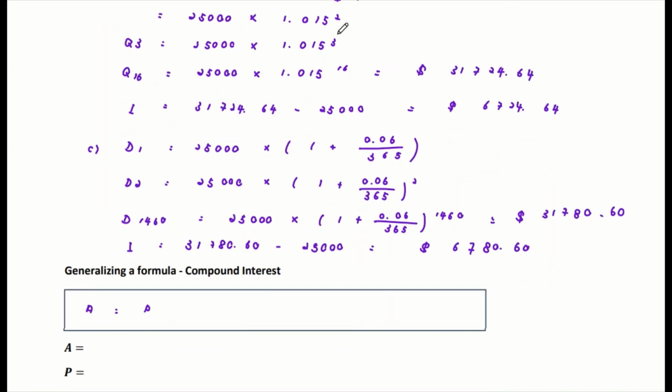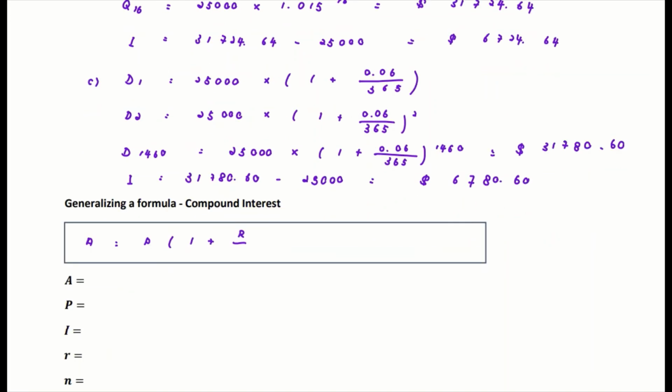So we multiply by 1 plus R, where R is the interest rate given in the question. I'm using small r, sorry for that, but it's the same thing. So interest rate small r, and then divide by n.